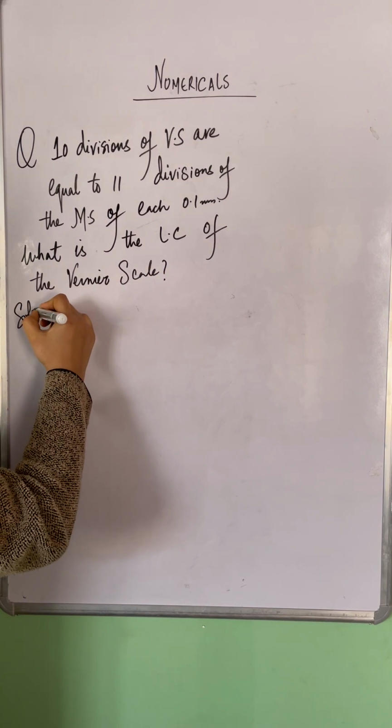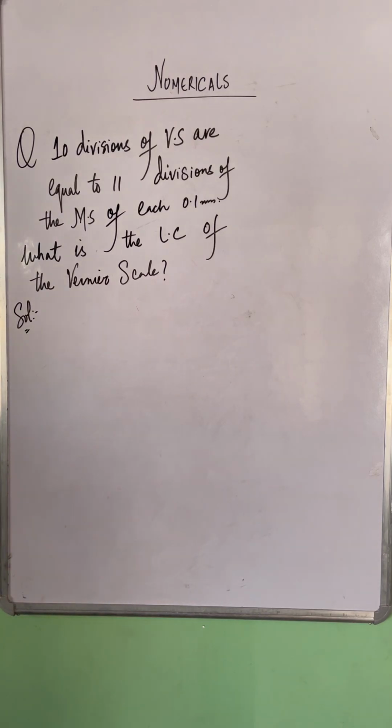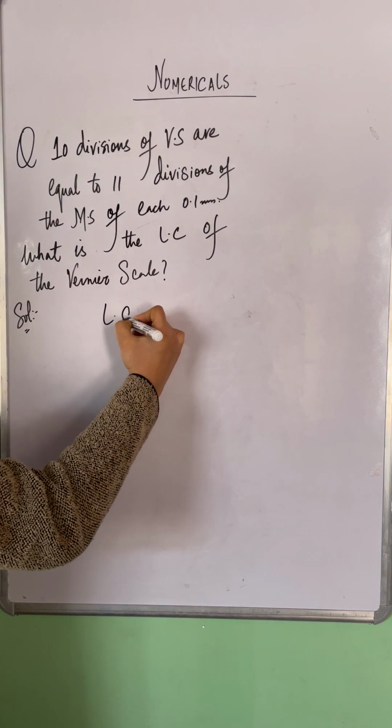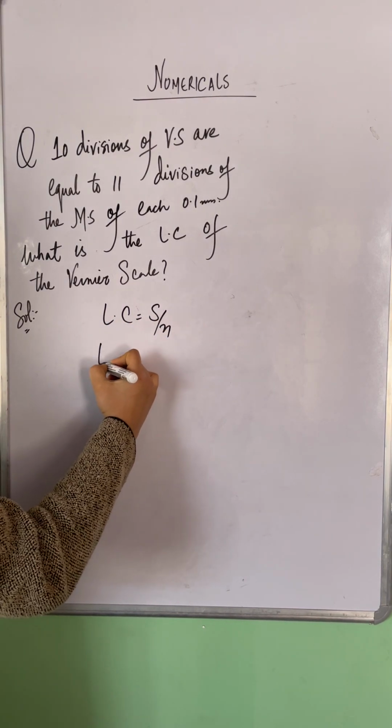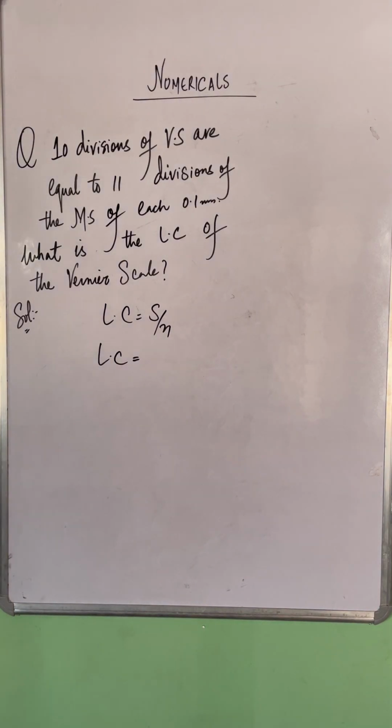So my question is, 10 divisions of vernier scale are equal to 11 divisions of the main scale of each 0.1 mm. What is the least count of the vernier scale? Least count is S by N. What is S? 0.1 mm.